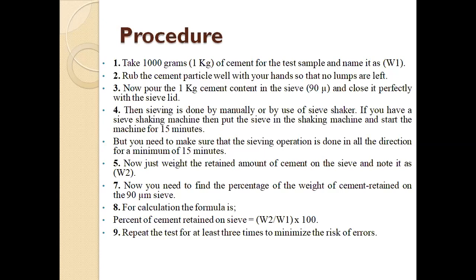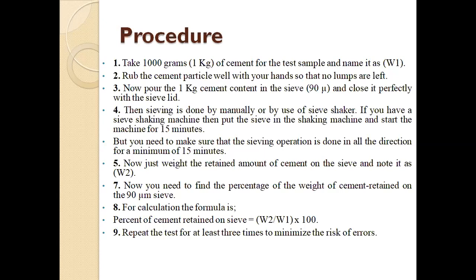Next, weigh the retained amount of the cement on the sieve and note it as W2. So after sieving the cement through the sieve, the amount of cement particles retained on the sieve is weighed and that weight is taken as W2.